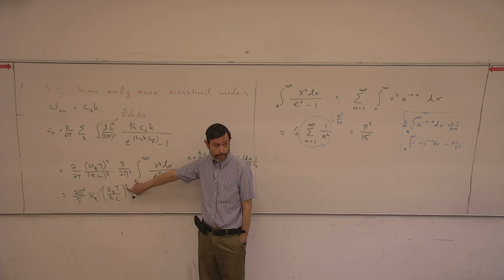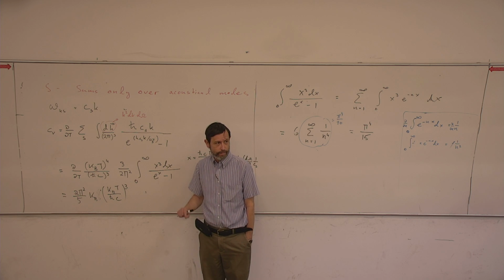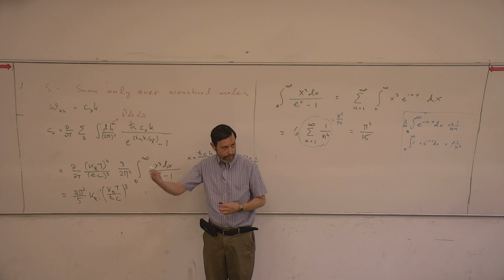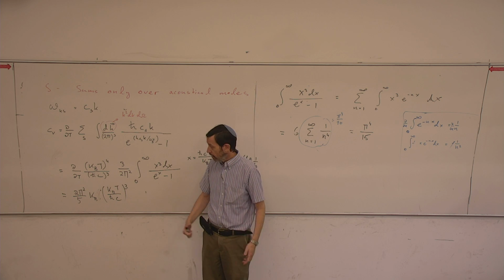T to the third. Remember, what was the classical solution? What is the heat capacity? 3 N kB, a constant, because T falls off in the derivative.